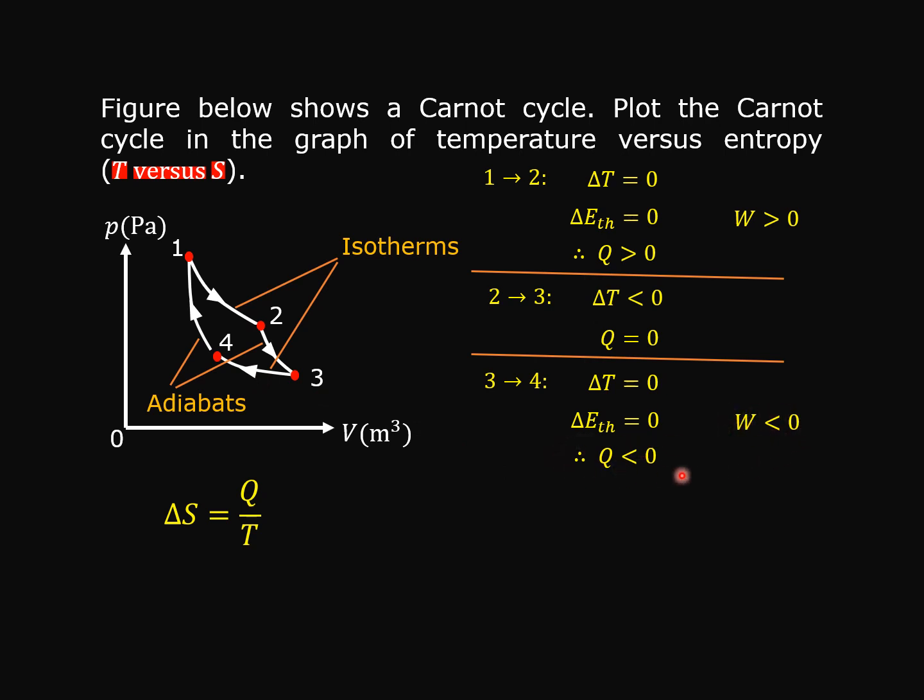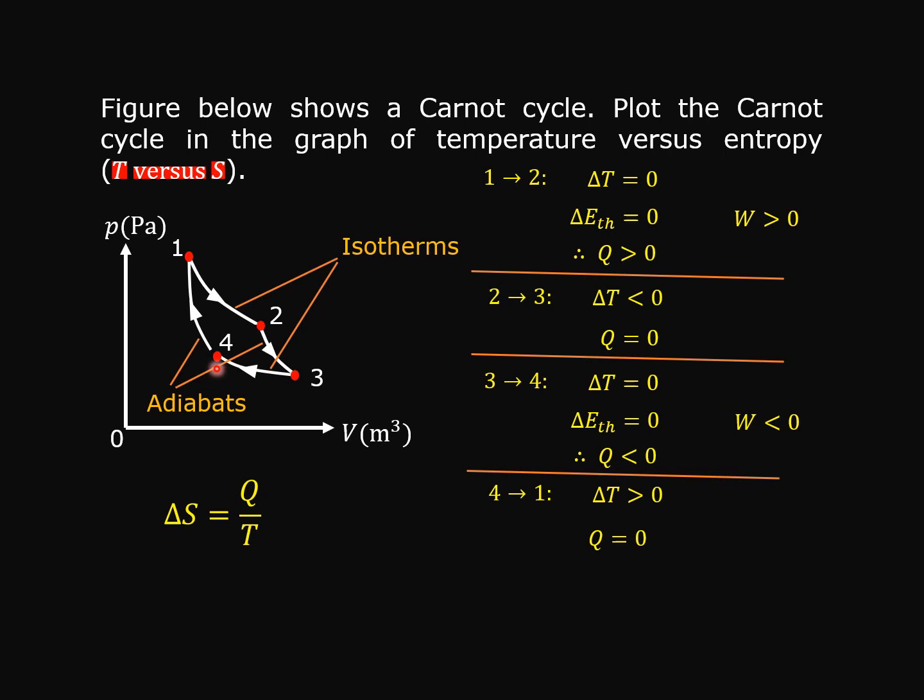Again, from the first law of thermodynamics, Q equals internal energy change plus work done. Since the internal energy change is 0 and work done is negative, the Q in the process from 3 to 4 must be less than 0. So in this process, heat is leaving the gas in the Carnot engine.